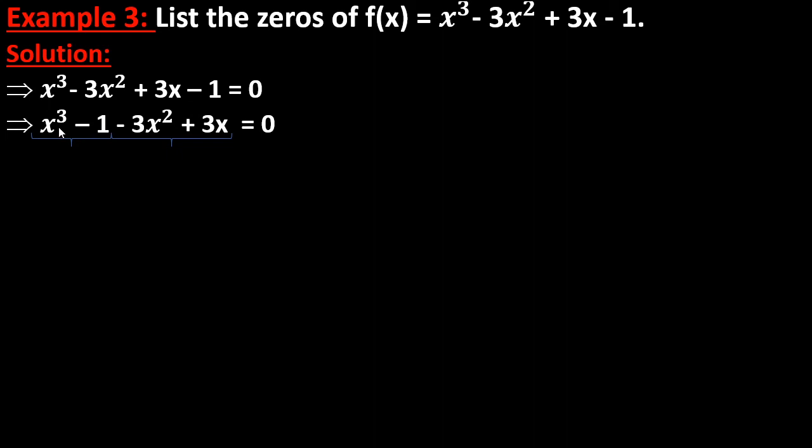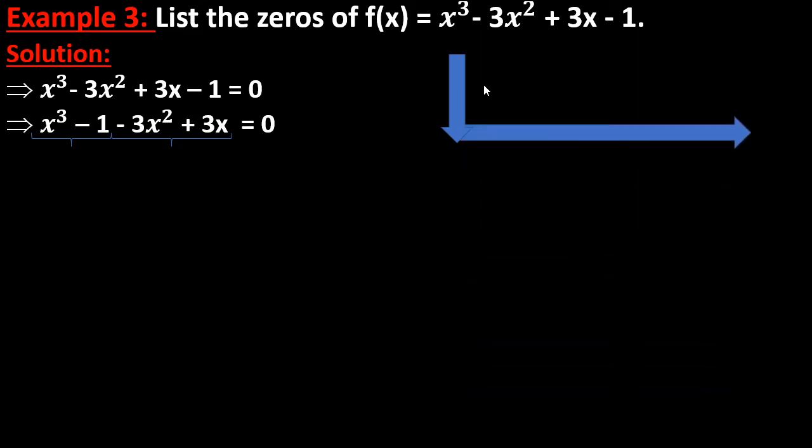This means if 1 is a zero of this expression, x minus 1 is a factor of this one. So let's divide x to the third minus 1 by x minus 1, and we will have the quotient. Then we will express x to the third minus 1 as the product of the quotient and x minus 1, because x minus 1 is a factor of this one. Then I'm going to apply synthetic division, and I'm going to factorize just the degree 3 expression.